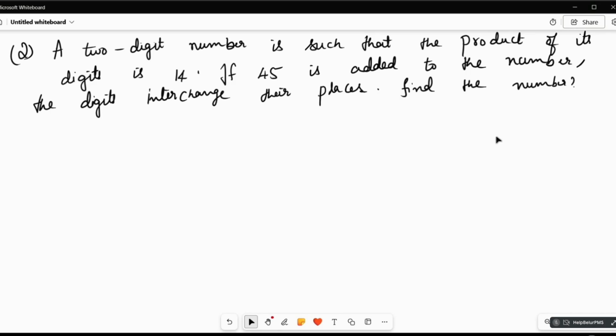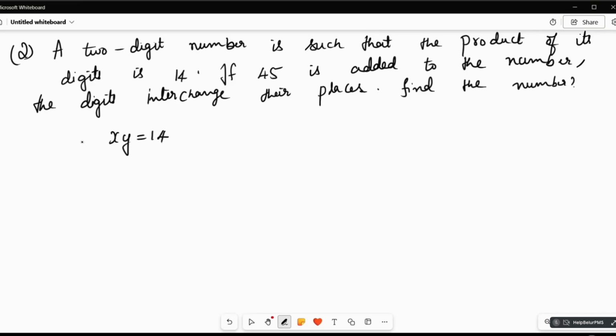Okay. Find the number. So a two-digit number is such that the product of the digits is 14. What did you say? Product of the digits is x into y, so that is equal to 14. If 45 is added to the number, y minus x is 5.